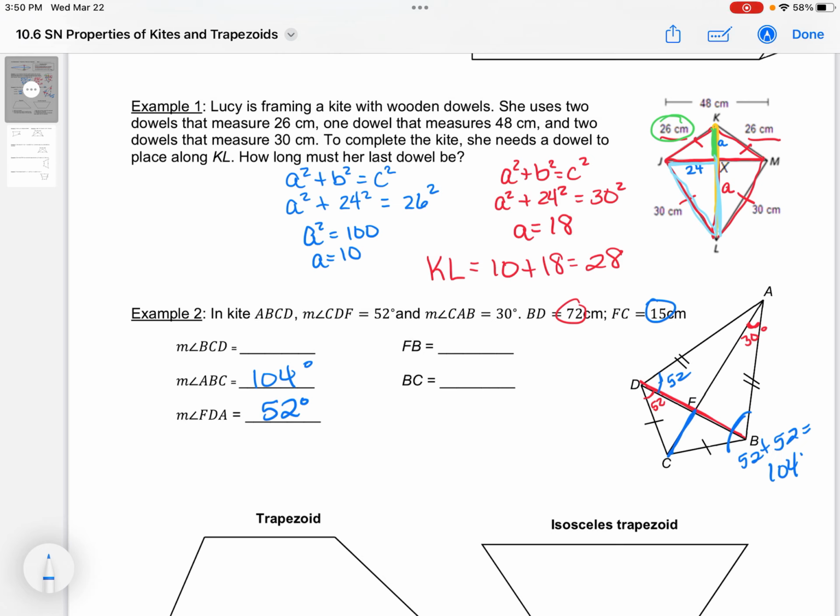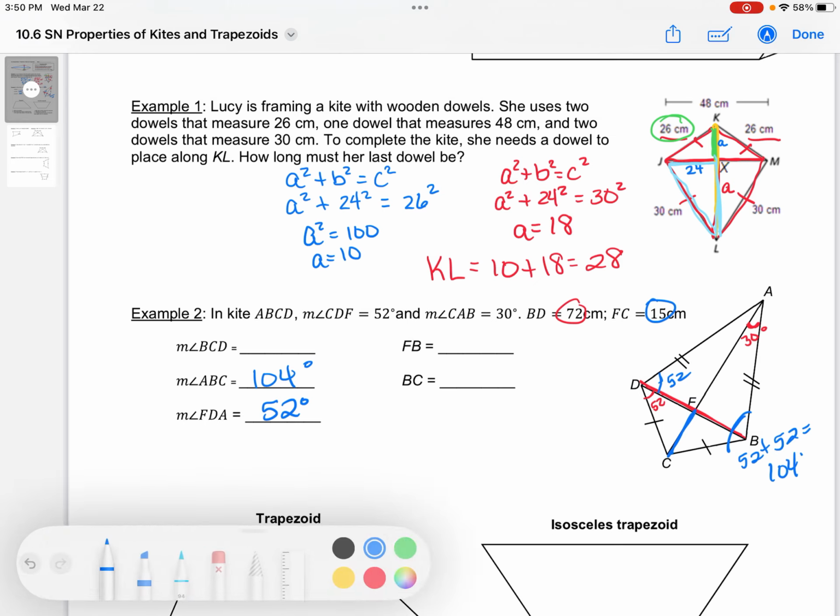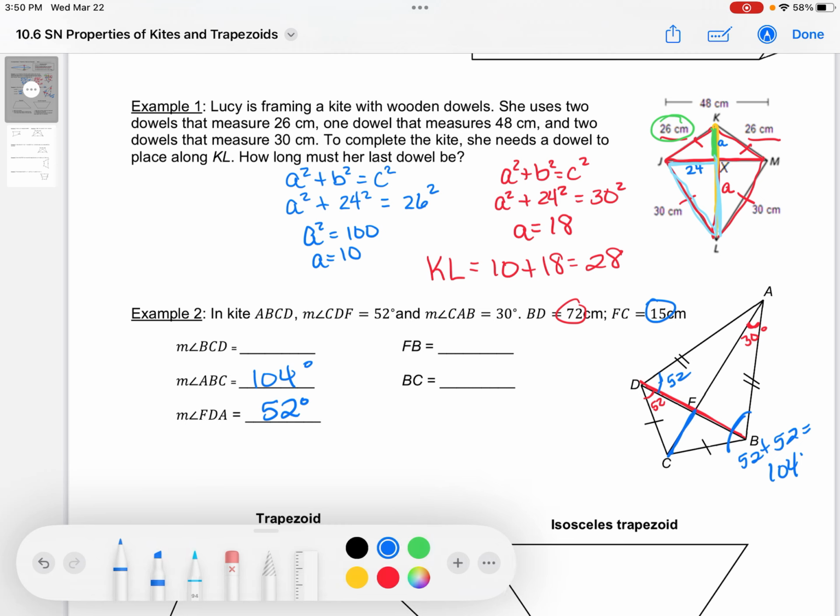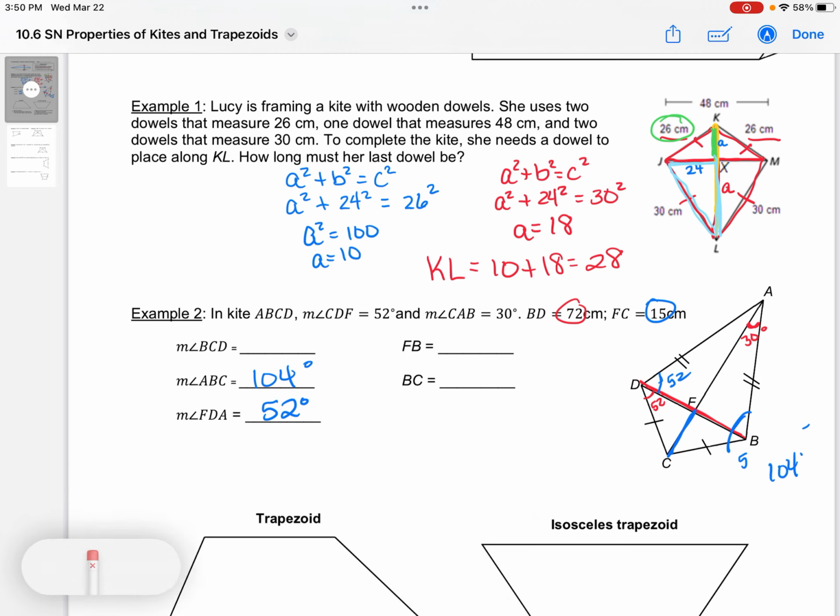BCD is going to be 70. I did that wrong. Back up, back up, back up. That's not the bisected one. Let's start over with this part.